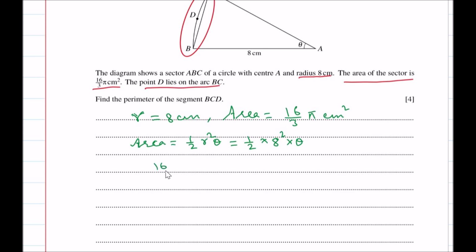So both must be equal. So 16 by 3 pi is equal to 1 by 2 into 64, 8 square is 64, into theta. Okay.